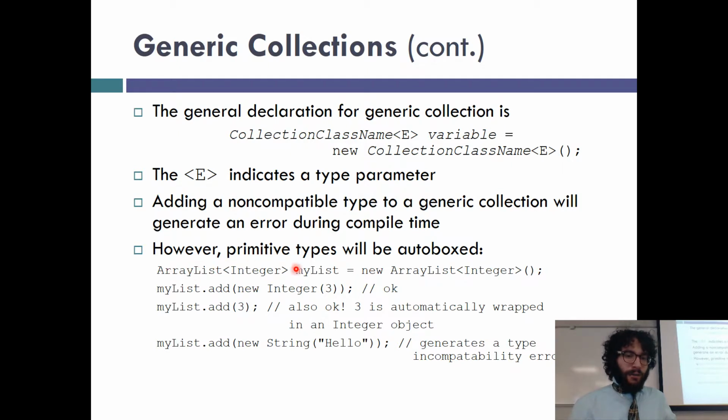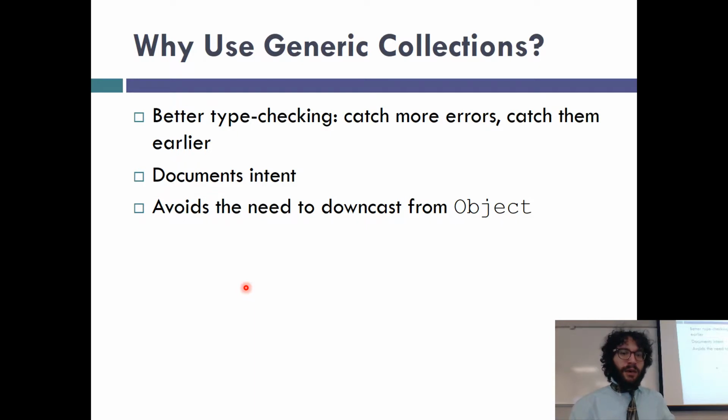Like ArrayList, myList is equal to a new ArrayList of Integers, right? We can add a new Integer to this class. We can also add just an int, which gets automatically put into an Integer, right? But if we try to add a string to this, it's going to crash and burn, right? Because it's an ArrayList of Integers. So again, why do we use this?